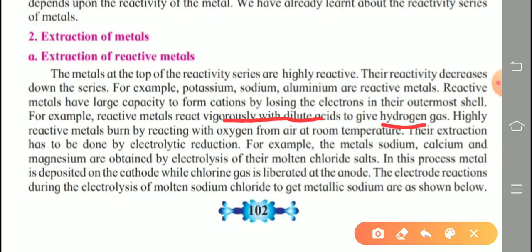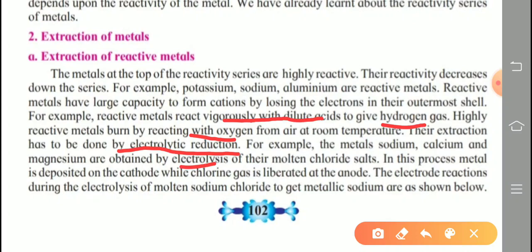Highly reactive metals burn by reacting with oxygen from air at room temperature. Their extraction has to be done by which method? So, electrolytic reduction. For example, the metals sodium, calcium and magnesium are obtained by electrolysis of their molten chloride salts.